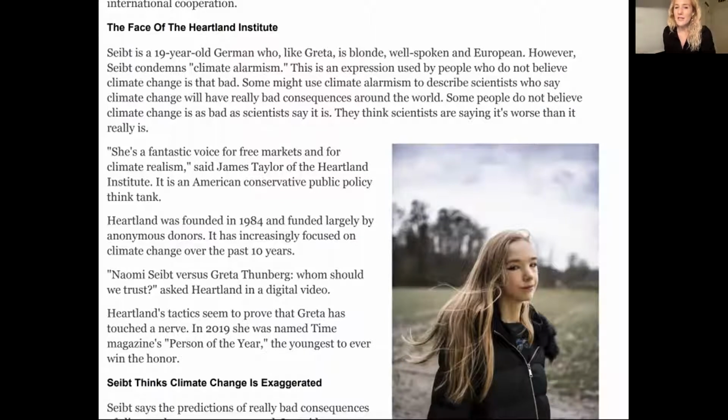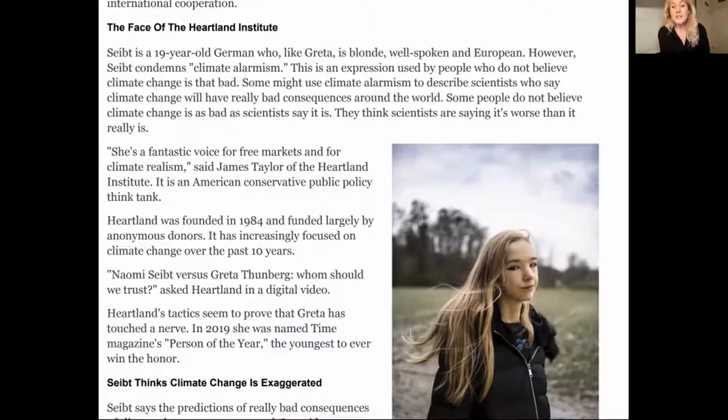The face of the Heartland Institute. Seibt is a 19-year-old German who, like Greta, is blonde, well-spoken, and European. However, Seibt condemns climate alarmism. This is an expression used by people who do not believe climate change is that bad. Some might use climate alarmism to describe scientists who say climate change will have really bad consequences around the world.